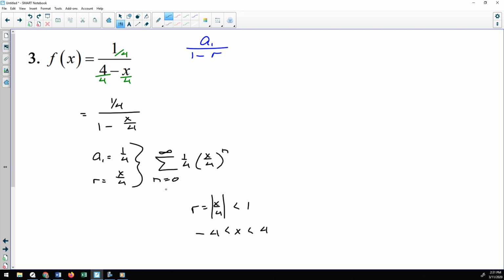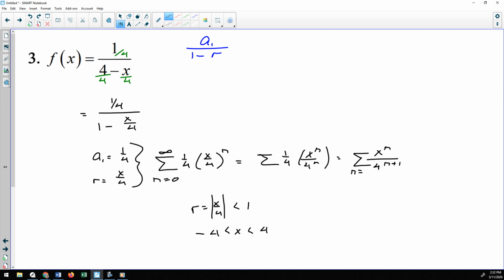And sometimes it's advantageous to rewrite and clean up your series. And so in this case, that's x to the n over 4 to the n. That's 1/4 times x to the n over 4 to the n. And then I could even go one step further and write that as x to the n over, and I have 4 times 4 to the n would be 4 to the n plus 1.